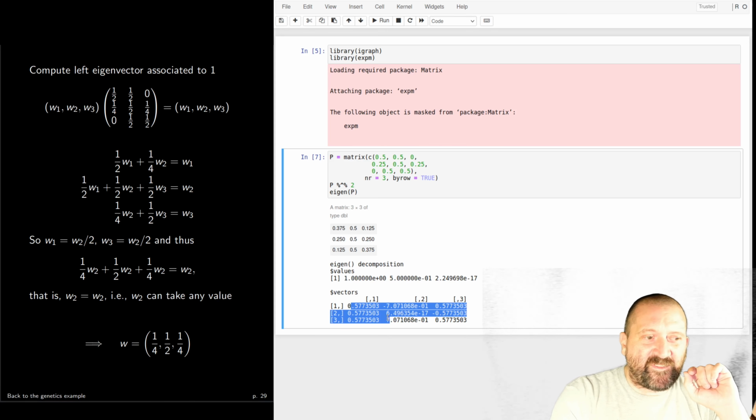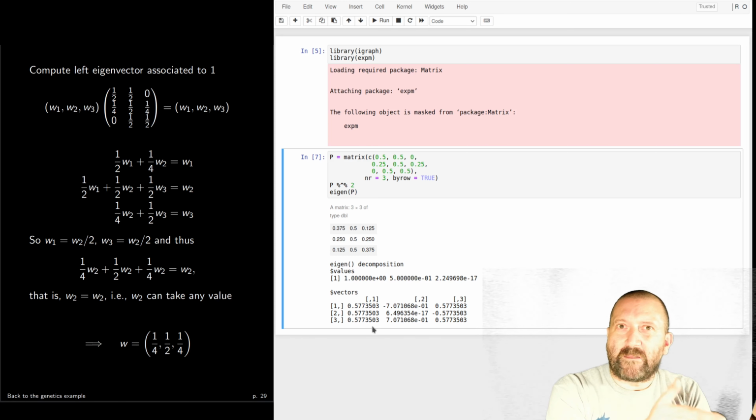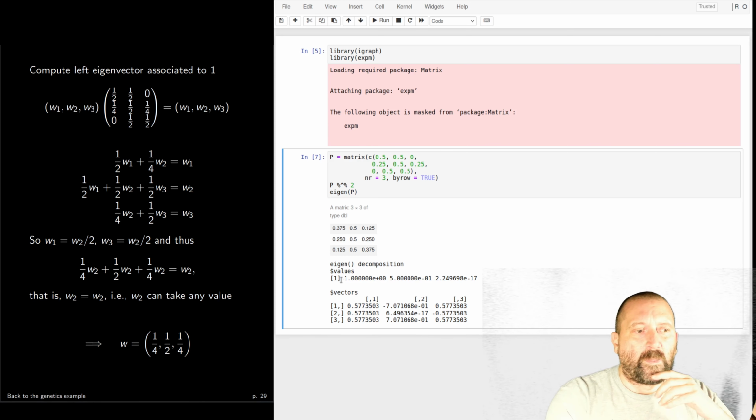You will notice this first eigenvector is the one that has only ones. Well, here it doesn't have only ones, but all entries are equal, and I could scale that vector to make all of them equal to 1. It corresponds indeed to the eigenvalue 1.